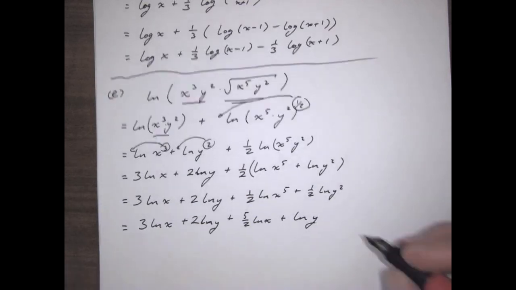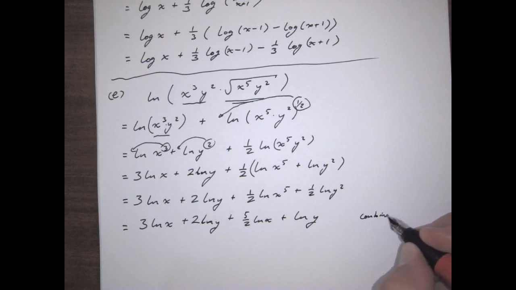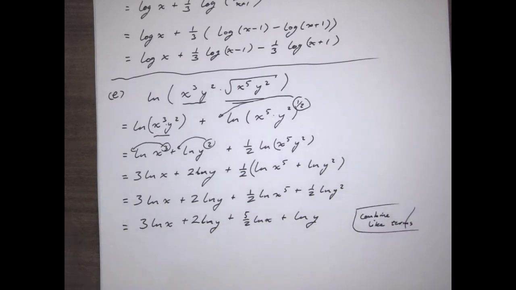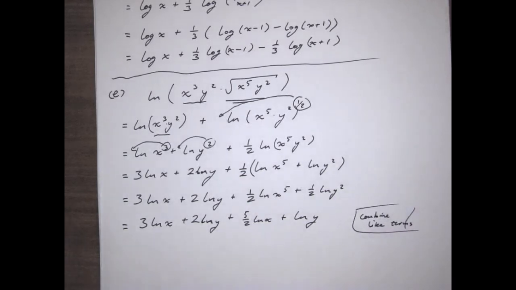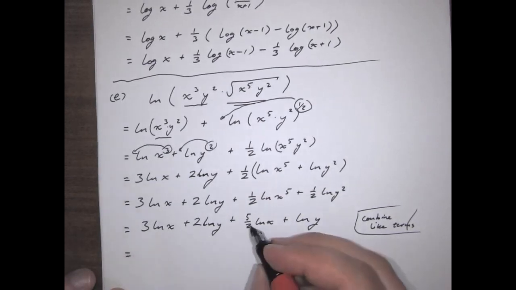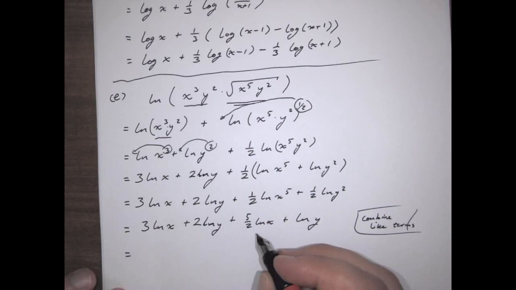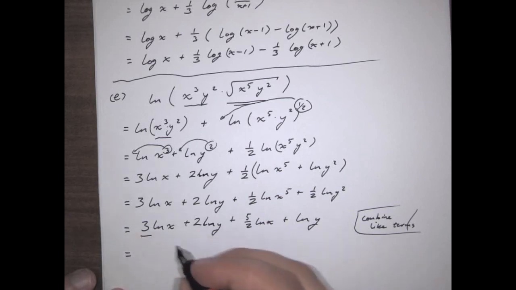Now we can combine like terms. So those are all the things that are the ln of the same thing. So what that means is we're going to have 3 plus 5/2, so 3 is the same as 6/2.